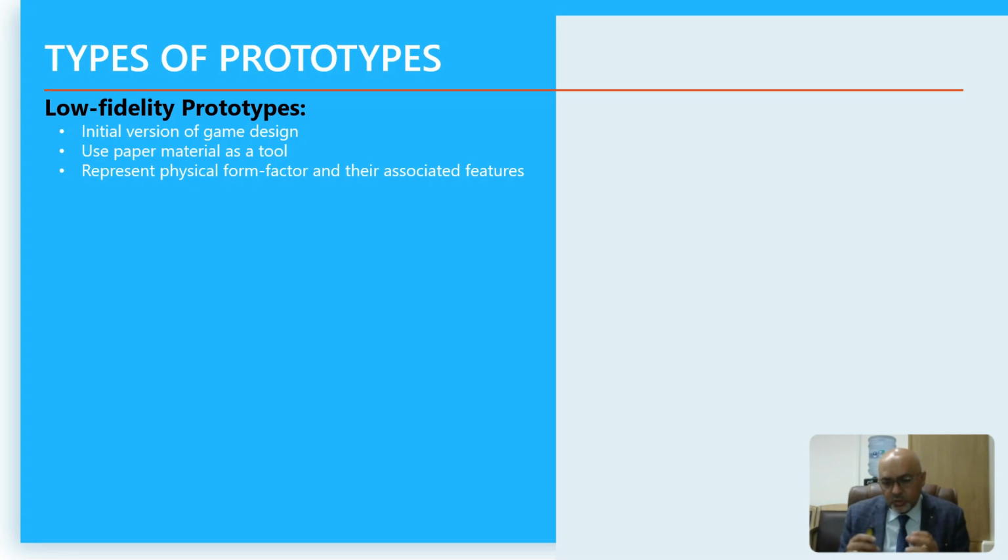Keeping with the scope and objectives of the prototypes, they are classified into two categories. One category is the low fidelity prototypes. These prototypes are the initial version of the game design. They use paper material as a tool to design a prototype, and they represent a physical form factor and their associated features, which were mentioned earlier.